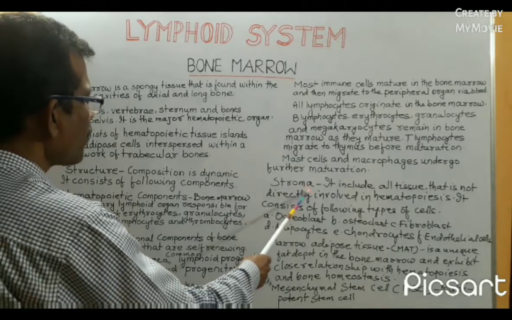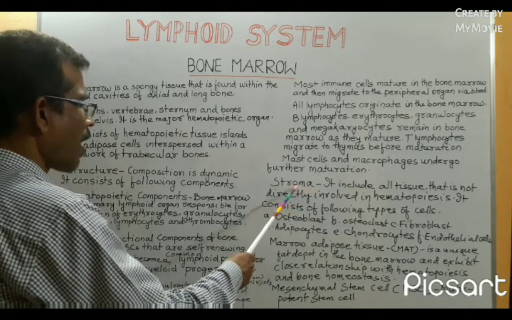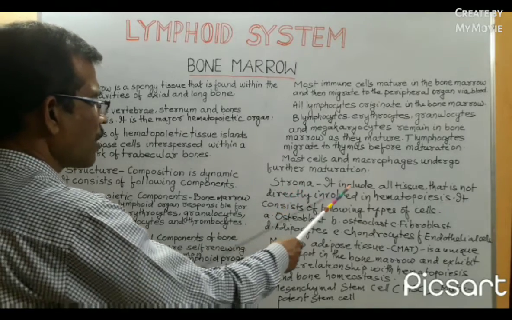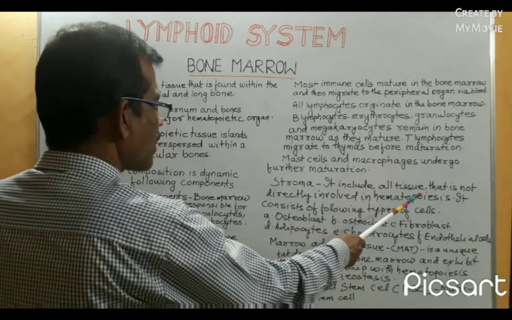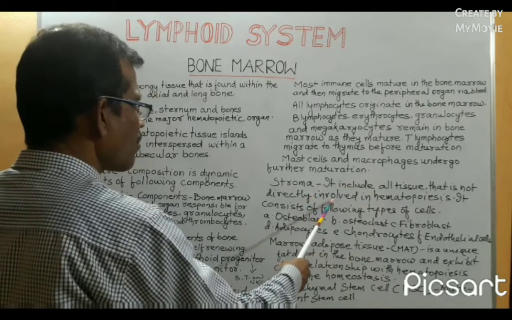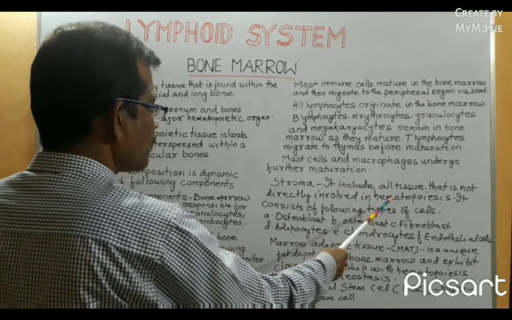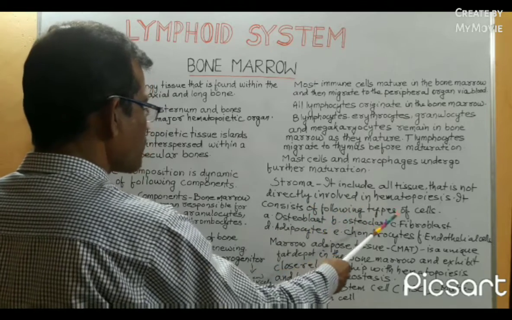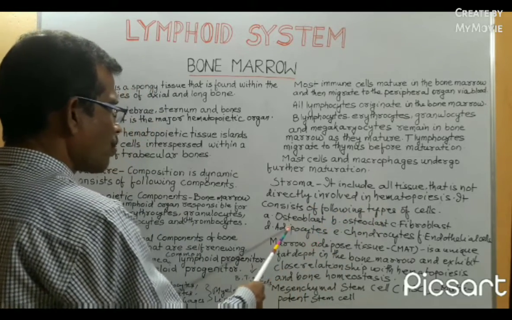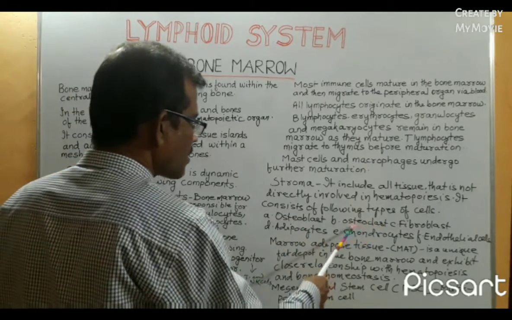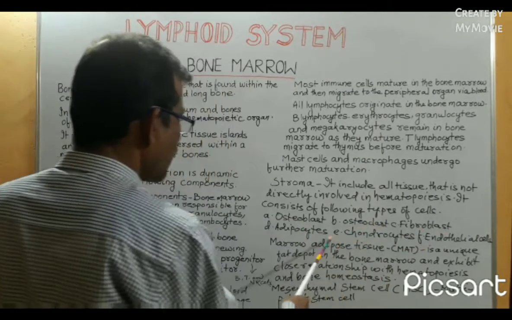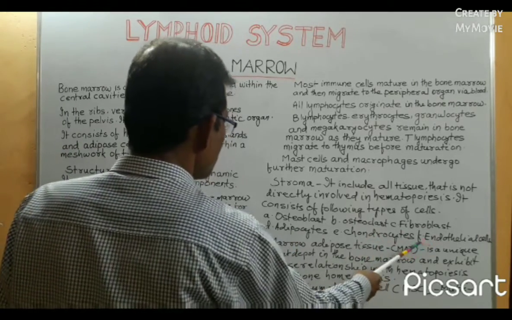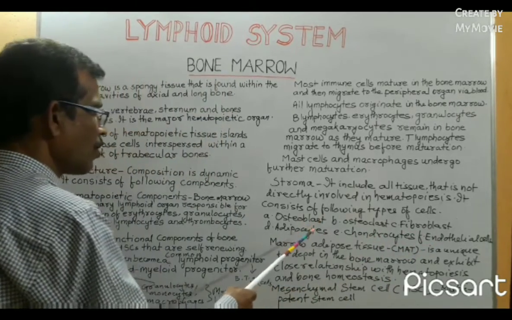The second component of bone marrow is stroma. What is stroma? The stroma includes all tissues that are not directly involved in hematopoiesis. The stroma consists of different types of cells like osteoblast, osteoclast, fibroblast, adipocytes, chondrocytes and endothelial cells. What is osteoblast?